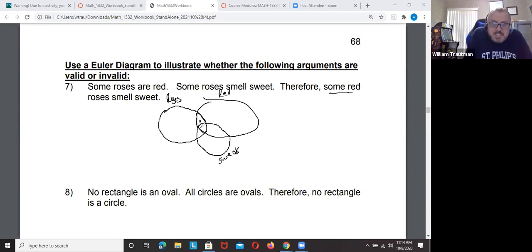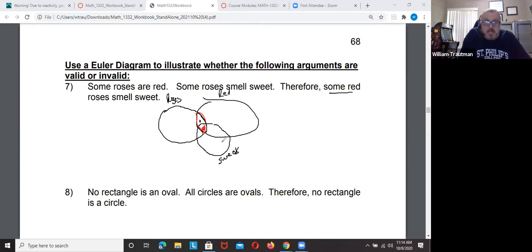Do you see? It says some red roses smell sweet. That's right here. These are the red roses, but the red dot is only some of the red roses, and they smell sweet. Therefore, some red roses smell sweet.